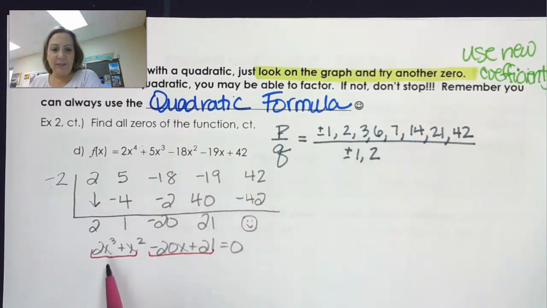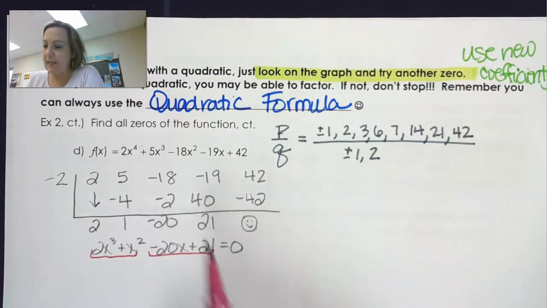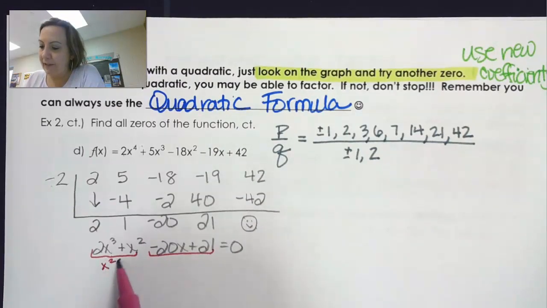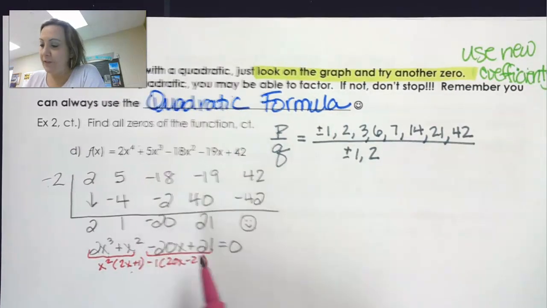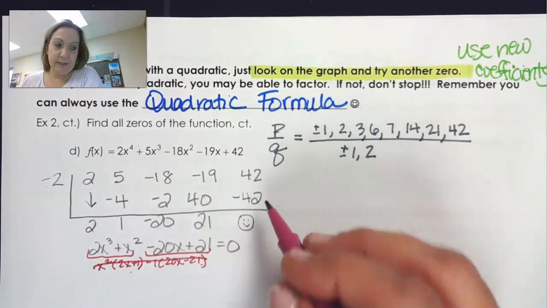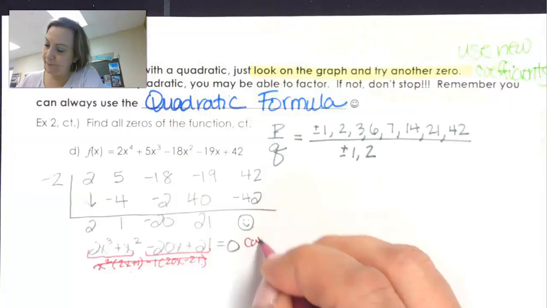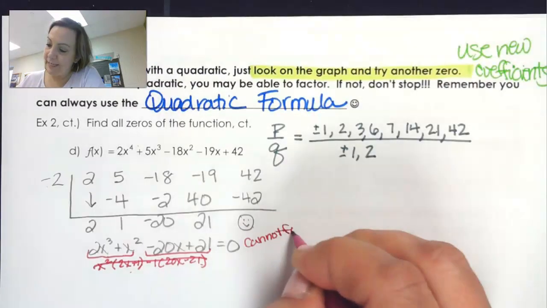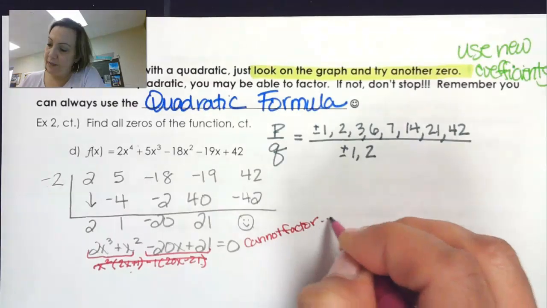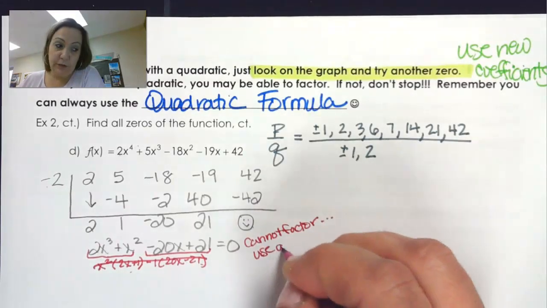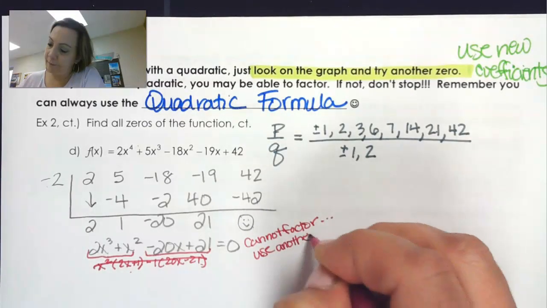But I don't see a lot in common with the first 2 terms and the second 2 terms. And if you tried to factor by grouping, notice that we don't have matching factors. So this is not factorable, okay? So we cannot factor. So what we're going to do is we're going to use another 0.